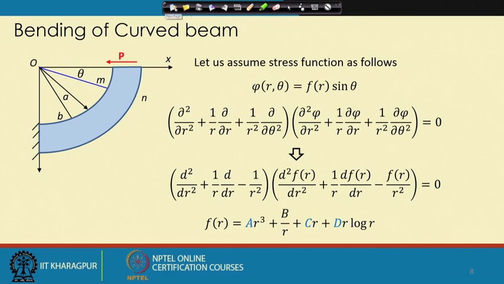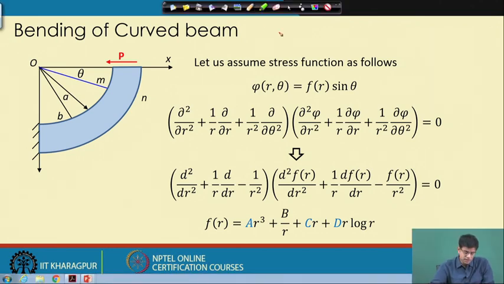The stress function is essentially here; this is B and this is the cross section. Let us assume the stress function is of the form F of r times sin theta.